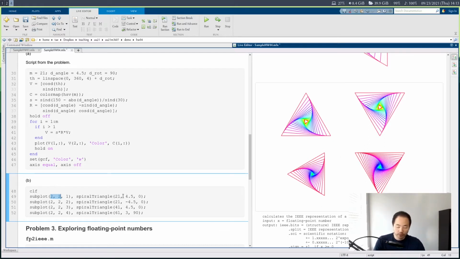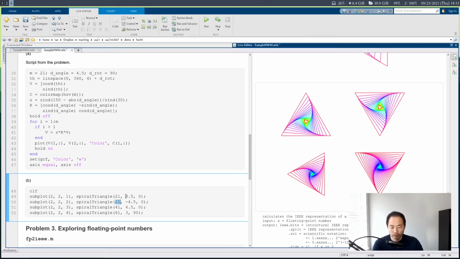Let me briefly talk about what this program is doing. So 21, 21, let's take a look at the first two. 21 here means that you are drawing 21 triangles. So from the innermost to the outermost, there are 21 of them. Same thing here.